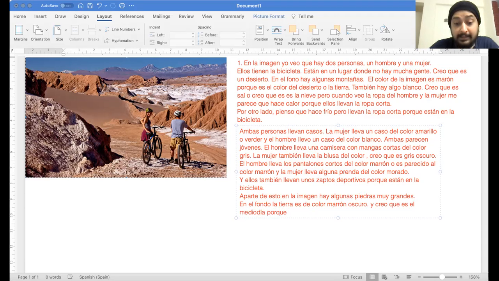Porque si yo veo las sombras, las sombras no son muy largas y hay mucha luz en la imagen. There is a lot of light. So that's the second part.